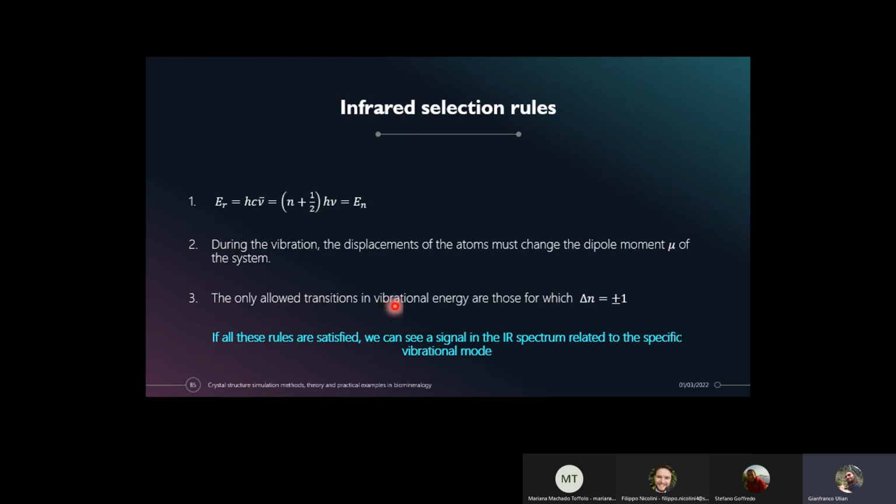And the only allowed transitions are those that involve a variation of the vibrational energy level of plus 1 or minus 1. These are the so-called infrared selection rules.